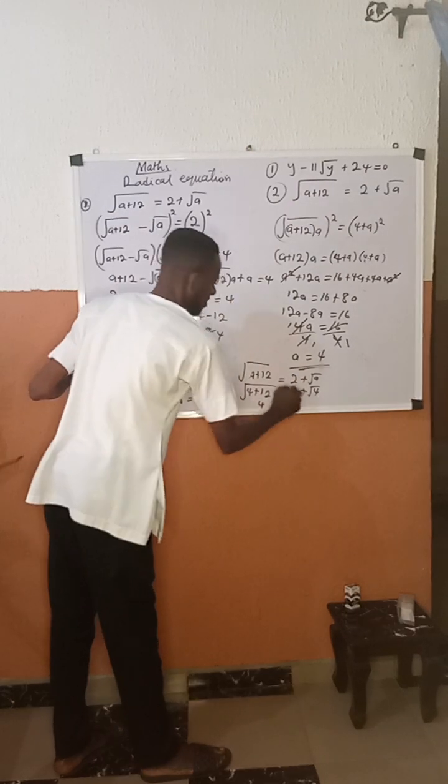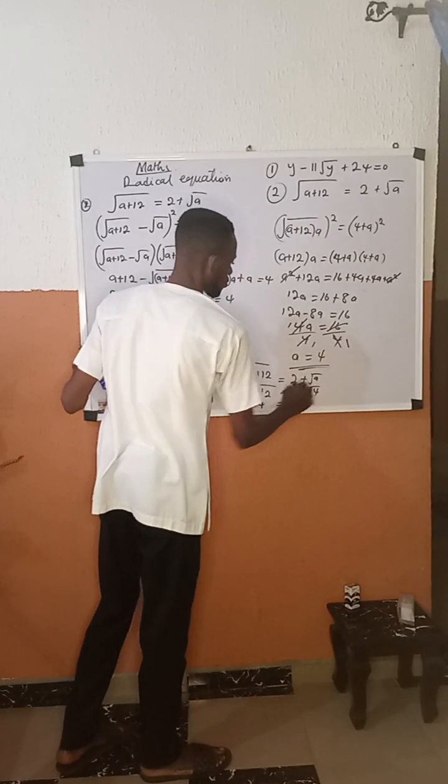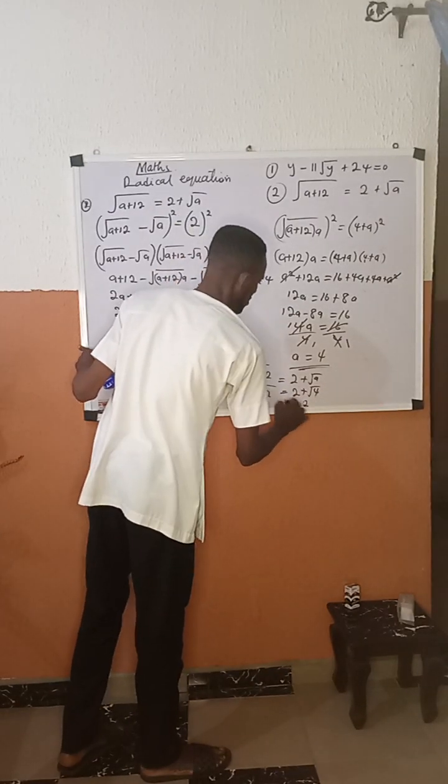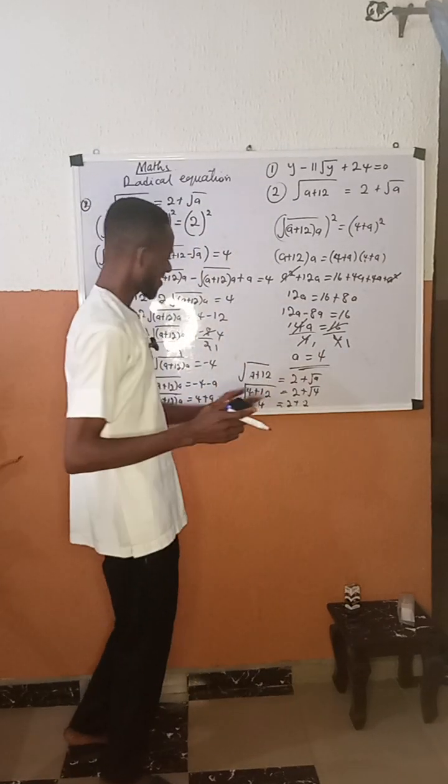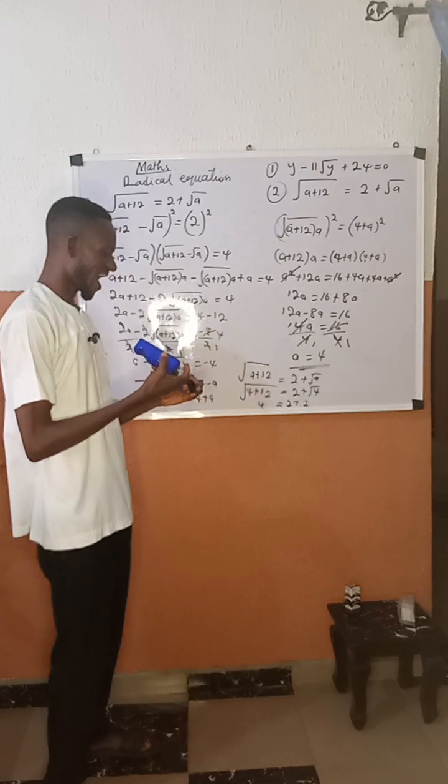This equals, here is 2, root of 4 is equally 2, and 2 plus 2 is 4. So what we have at the left hand side and what we have at the right hand side are all the same.